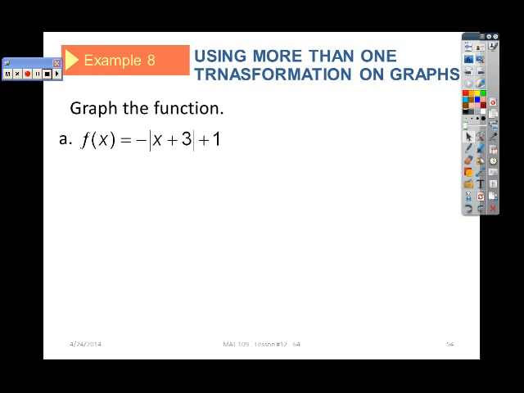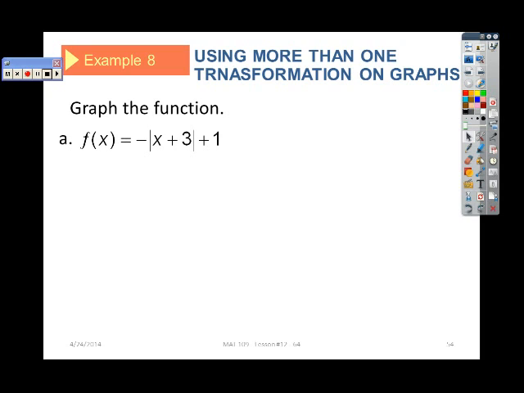With the combination of things we've just looked at, stretching and shrinking, symmetry, reflections, and translations, we can now fairly simply plot some graphs that contain several different things. This is no longer a basic shape, but it's based on a basic shape. It's based on the absolute value.